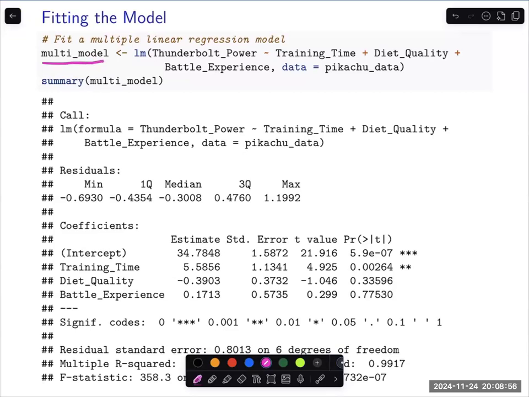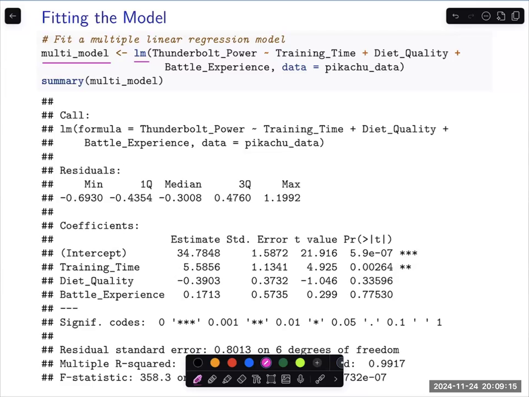Similarly to the previous R code, we use lm to run the model, and we regress Thunderbolt power onto training time, data quality, and battle experience inside the picture data.